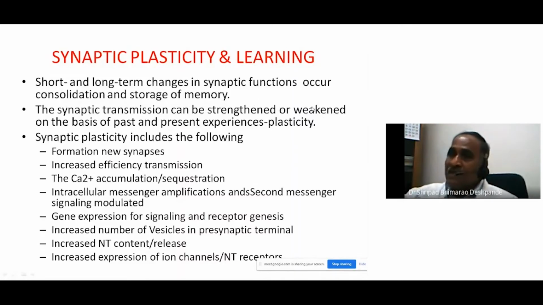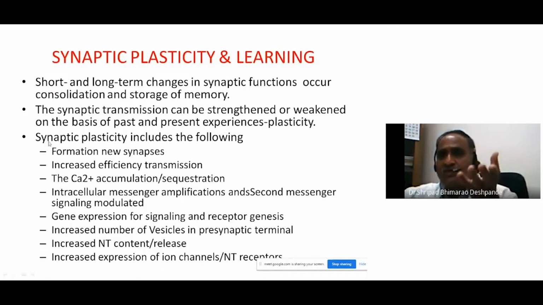Or sometimes synaptic transmission is weakened or eliminated. So this plasticity is both strengthening and weakening or eliminating particular neurons, particular synapses, or adding or enhancing synaptic activity there. This depends upon the experience or the requirements.